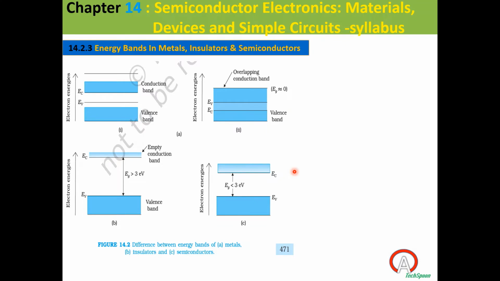Conductors, that is metals, right? Conductors will have the lowest energy gap. So electrons can easily go to the conduction band and cause electric current. That's why metals normally show good conductivity. And the highest forbidden energy gap is for the insulator.